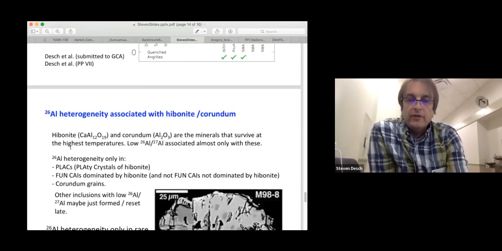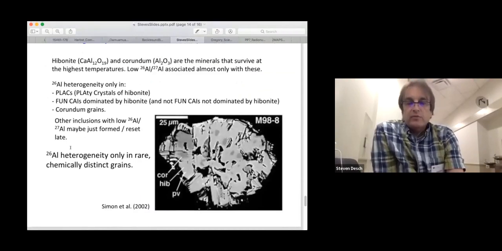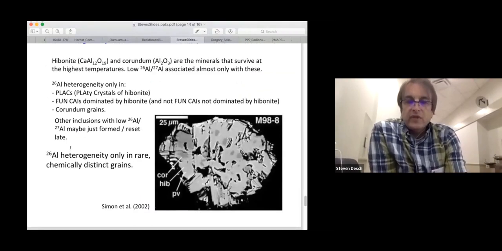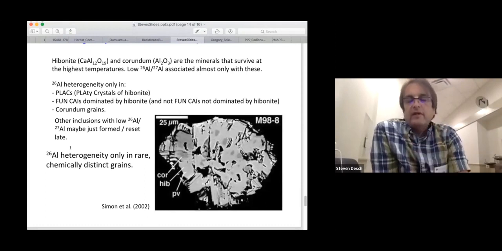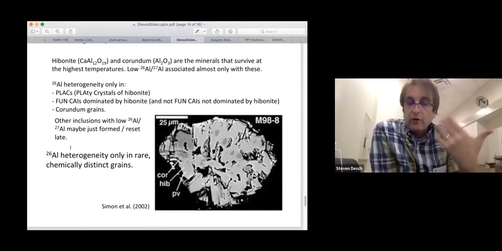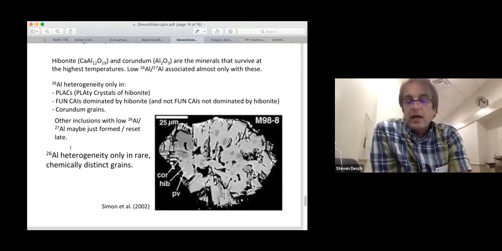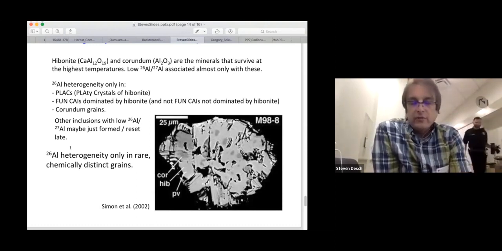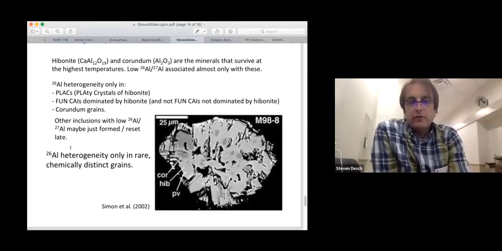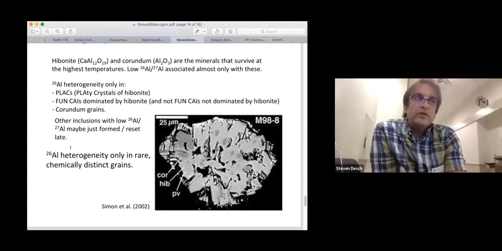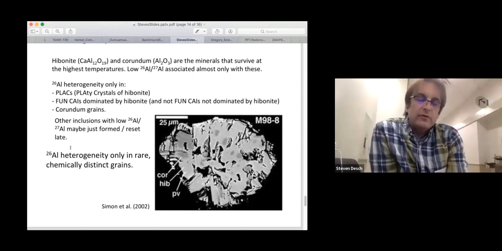I will allow that there are a few samples, Sasha pointed out a few, that show very little evidence for any aluminum-26. There are firm upper limits on how much they could have held. They're all associated with the most refractory phases: hibonite, corundum, grossite. There must have been places in the solar nebula where pre-solar hibonite and pre-solar corundum grains are the only grains that survive in that region. If you have pre-solar grains without aluminum-26, they may form larger aggregates.